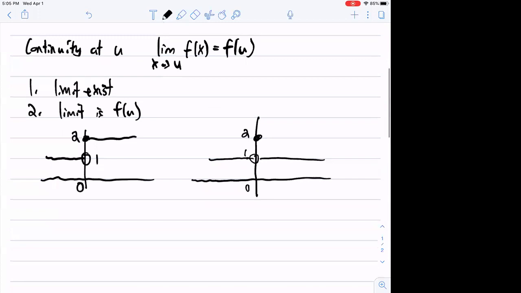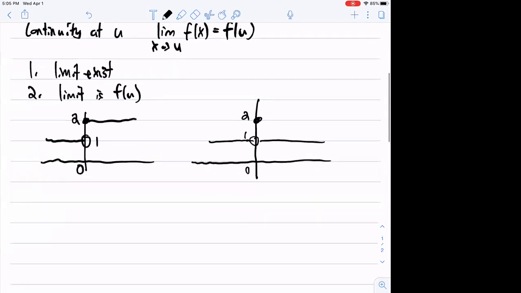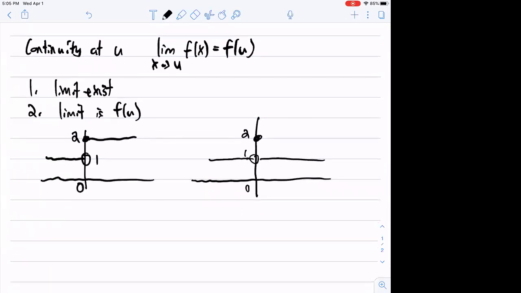There is a more concrete definition for continuity. When we say limit, what do we mean? You might say as x gets close to u, f of x gets close to f of u, but the word close is not mathematically good, because your definition of close might be different from another person's.